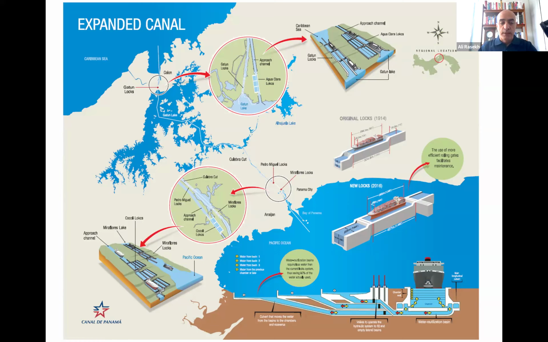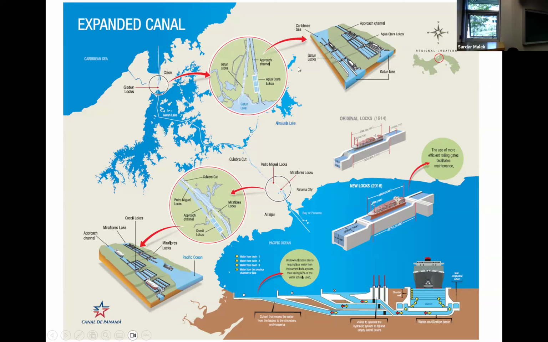When I explain a few more slides, it will become clearer. Big picture, there's a lock system on the Atlantic side, as shown in more detail here. There are locks which have been functioning for more than 100 years, and these are the locks that we designed.